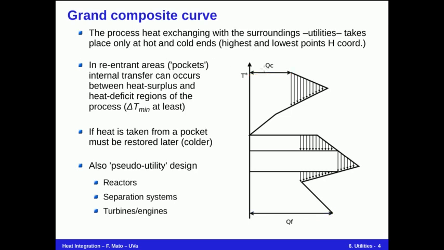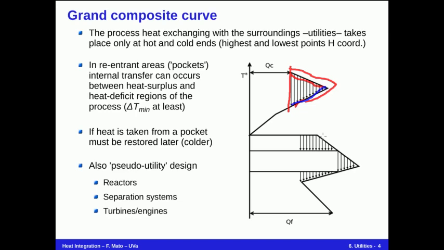This is because the reentrant areas of the curve, what we call pockets, must serve themselves. This is, the heat liberated up is the heat needed down.